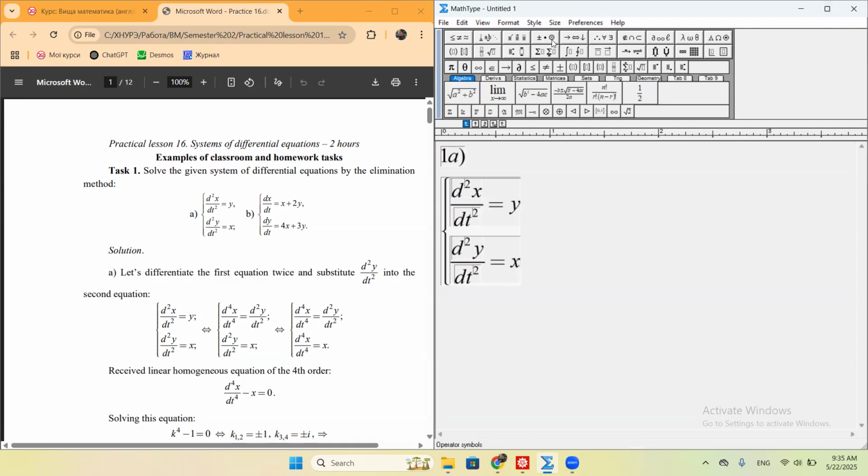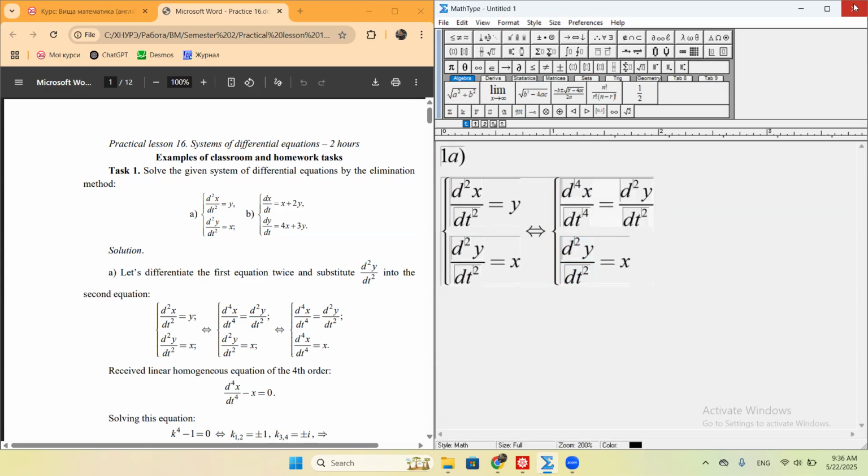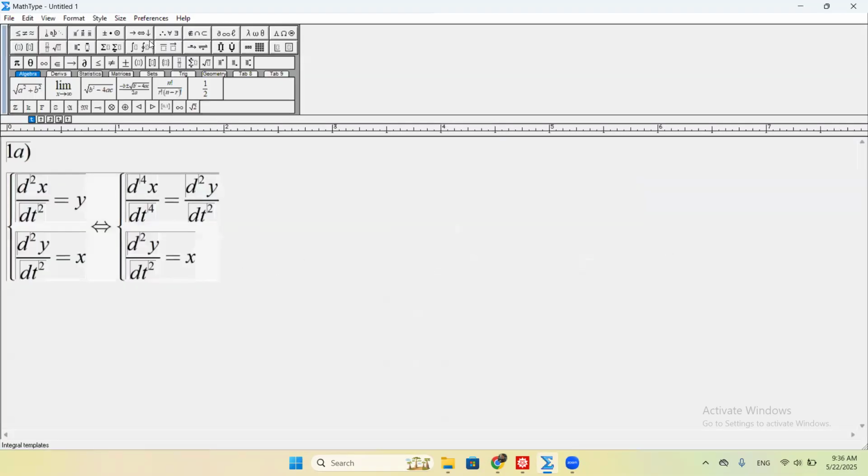So differentiating it twice, what will I receive? The fourth derivative of x by t, four times, equals the second derivative of y. So substituting here the second derivative of y, I will receive the following equation.